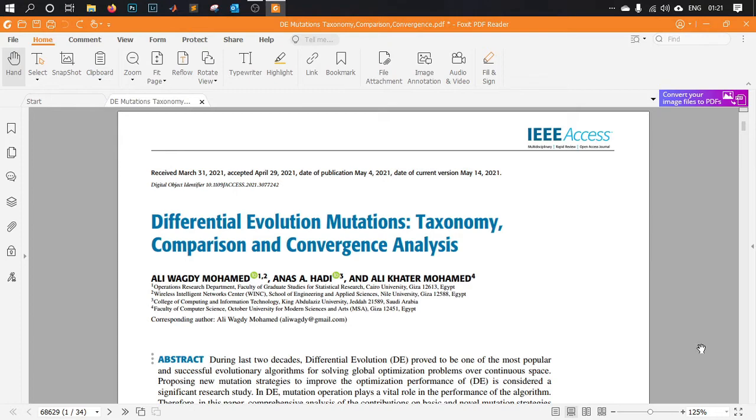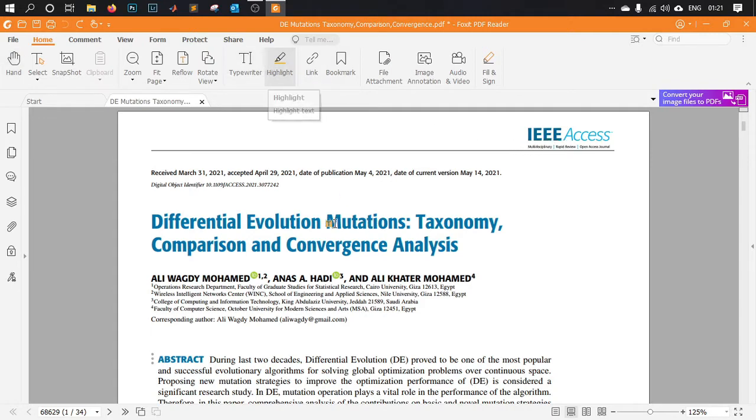So we will go through the various mutation strategies that they have discussed in this paper, and we'll just go through the structure of the paper, and let's see what the authors have to say. As I said before, this paper got accepted in IEEE Access.